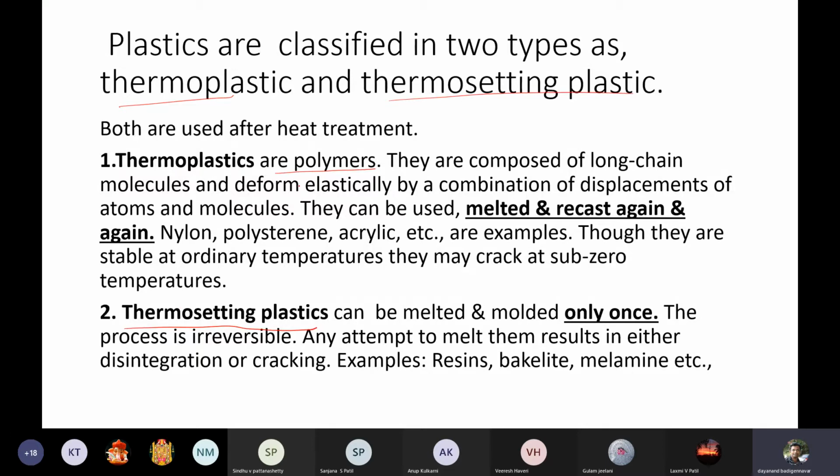They are nothing but polymers, composed of long chain molecules, and they deform elastically by a combination of displacement of atoms and molecules. They can be easily displaced, and due to the displacement, elasticity is observed in such materials.